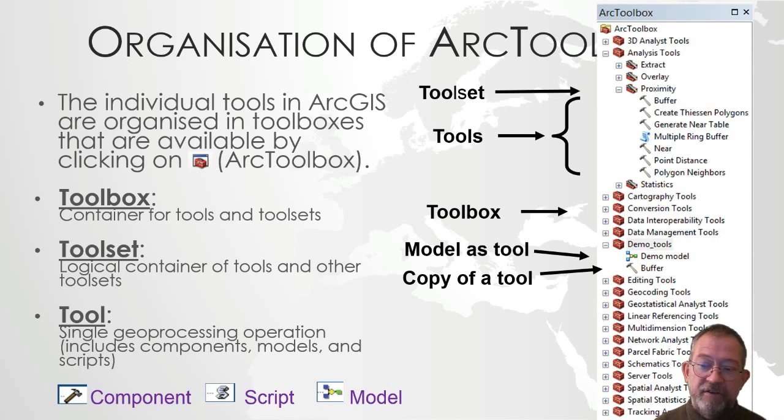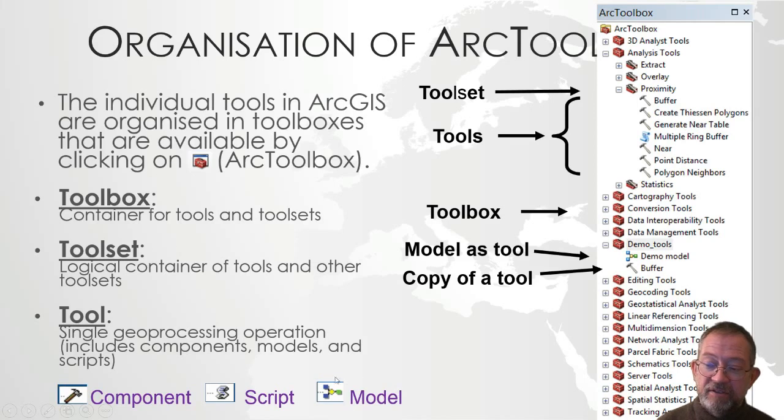Tools can have 3 different icons. They can have the little hammer icon, which indicates that it's a tool written in C or some other compiled language. There is the script tool icon, which indicates that the tool is written in a script language, typically Python.